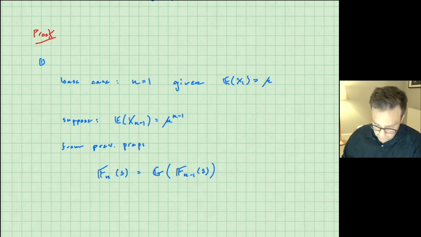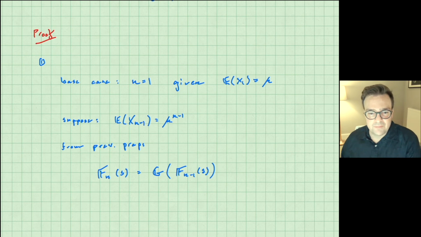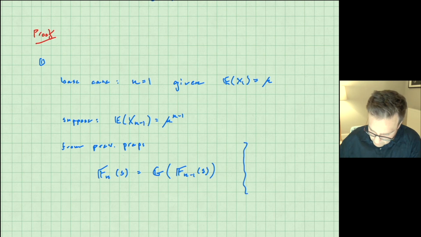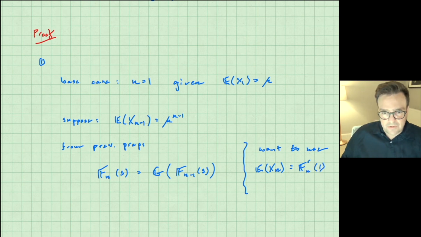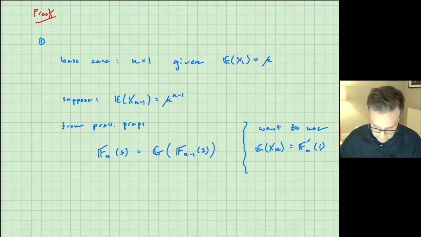And we're going to use the fact that to find the expected value of x sub n, we want to use the first derivative of its probability generating function evaluated at 1, right? So this is that old tune that we've used a bunch, right? So let's look at the derivative of this.